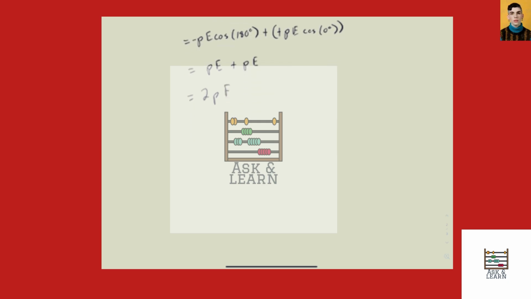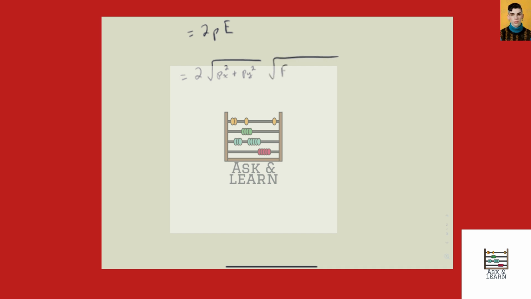Now, the magnitude of each of these vectors, in order to get those, we need to take the square root of the sum of the squares. So take the x component and the y component, square them, add them together, take the square root, and do the same thing for the electric field.